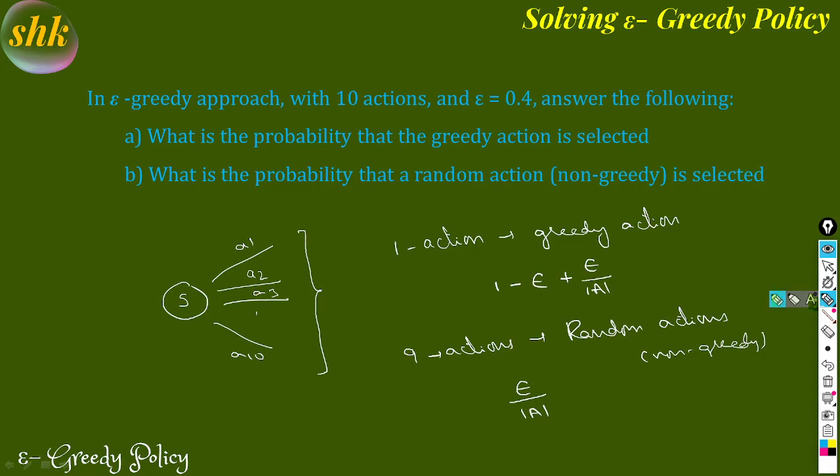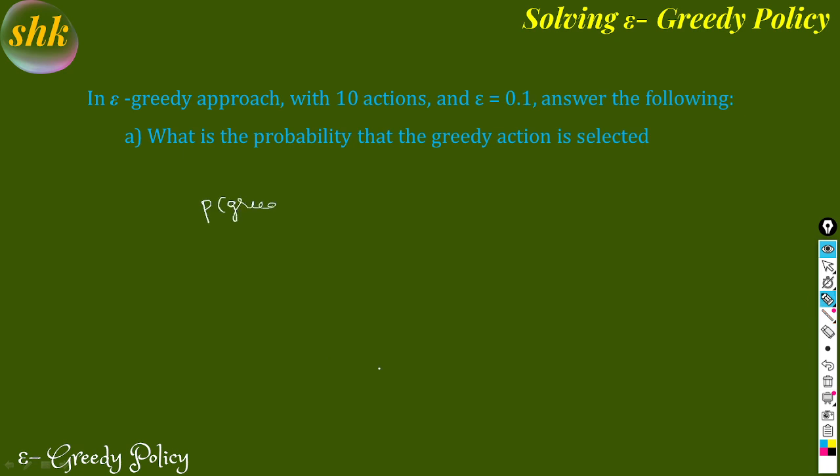In part A, what is the probability that a greedy action is taken? The probability of a greedy action is equivalent to 1 minus epsilon plus epsilon by the number of actions. In the given problem, the number of actions is 10.